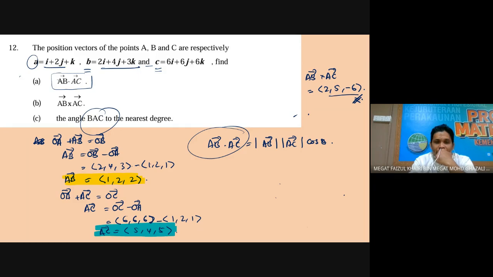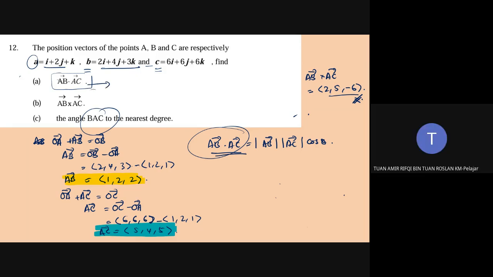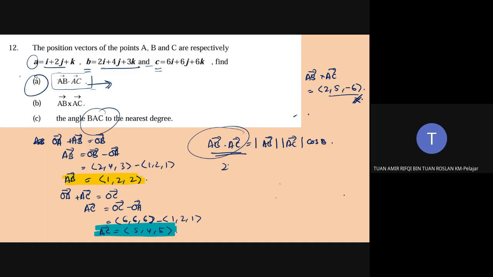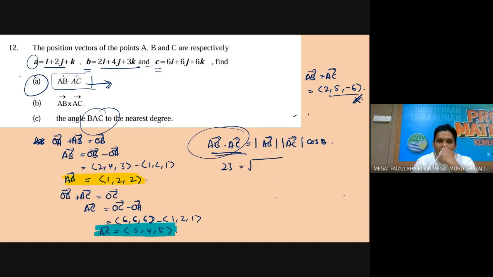Okay, so what was AB dot AC from earlier? What was the answer earlier? 23, correct. Okay, 23 equals the square root of 1 squared plus 2 squared plus 2 squared for AB, times the square root of 5 squared plus 4 squared plus 5 squared for AC, and then cos theta.